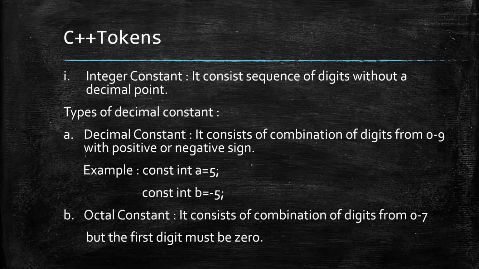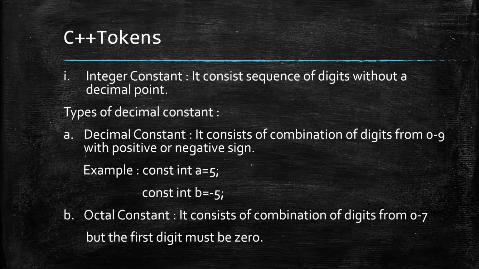So this 5 value is stored in a variable called a. Fine. So const int a is equal to 5 semicolon. Similarly, you can give b value as -5 because it says it is a combination of digits from 0 to 9 with positive or negative sign. It can be both positive or negative.